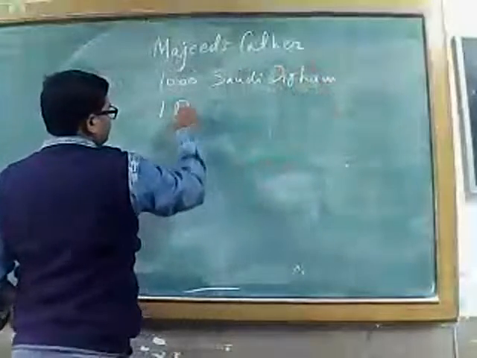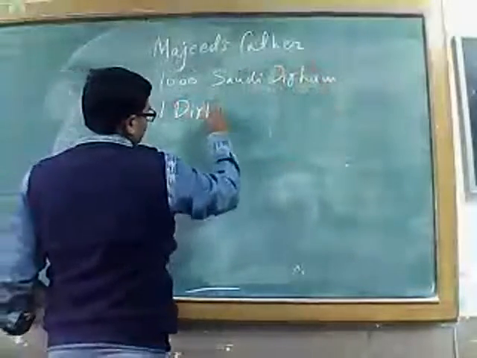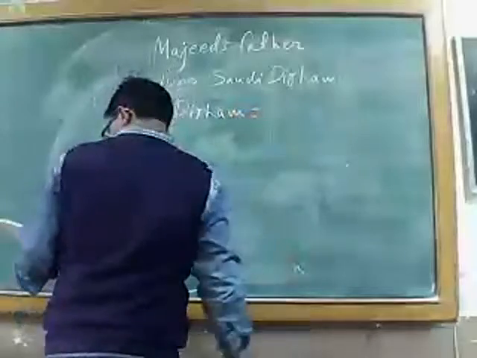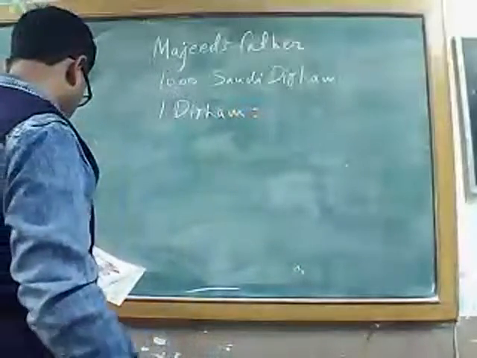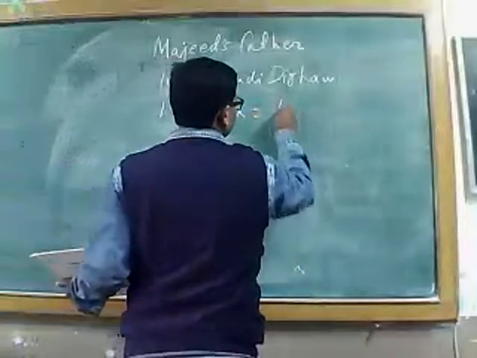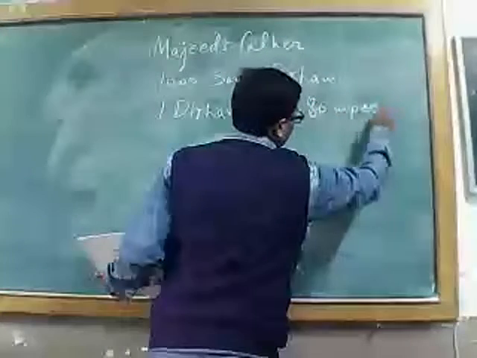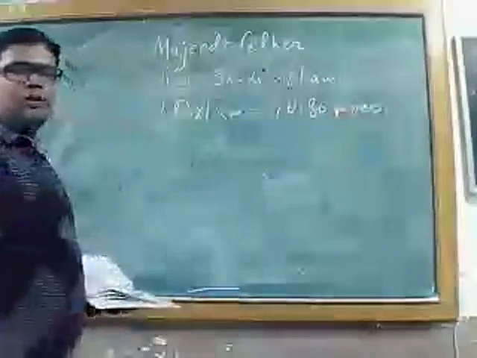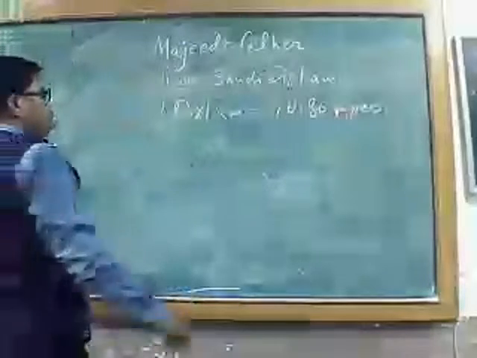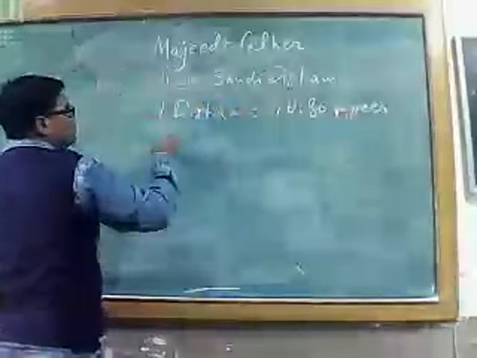One dirham, if we see the cost of one dirham, the cost is about 10.80 rupees. Okay, so find out the cost of total.